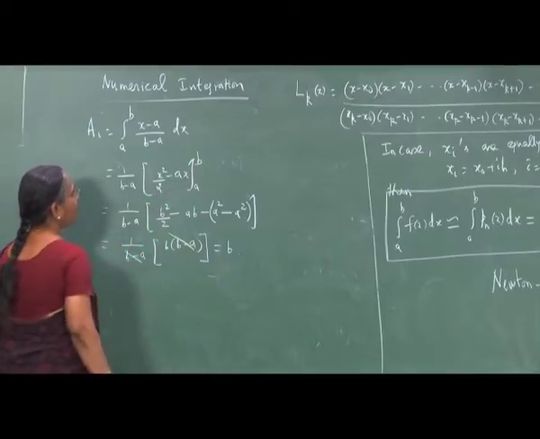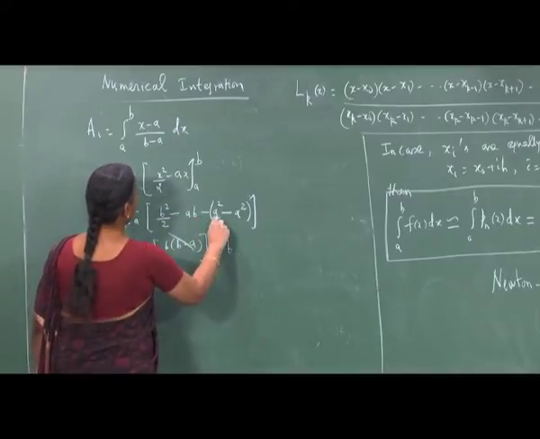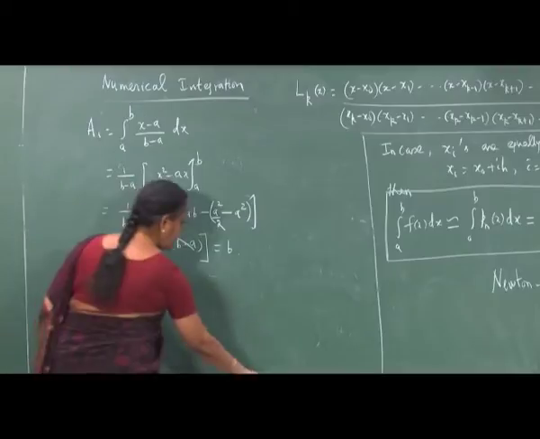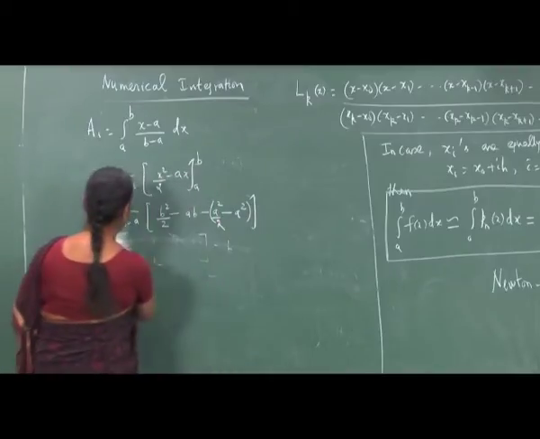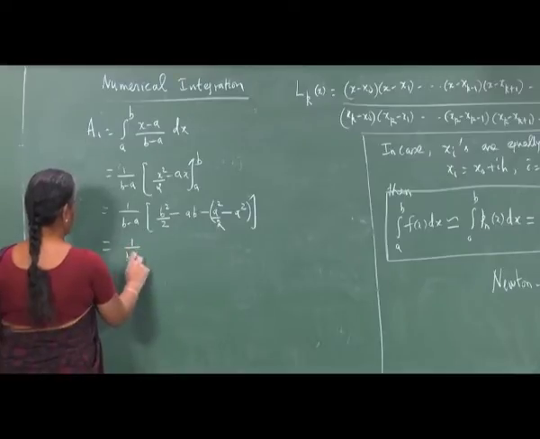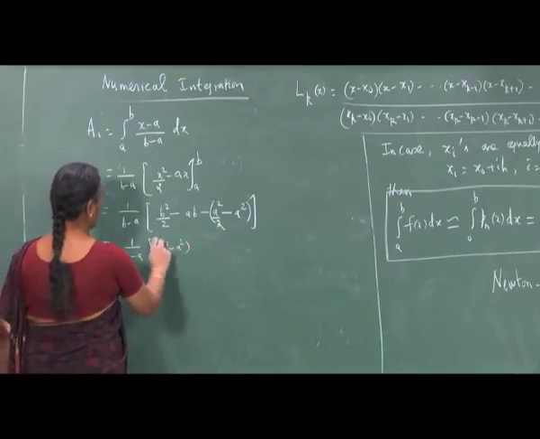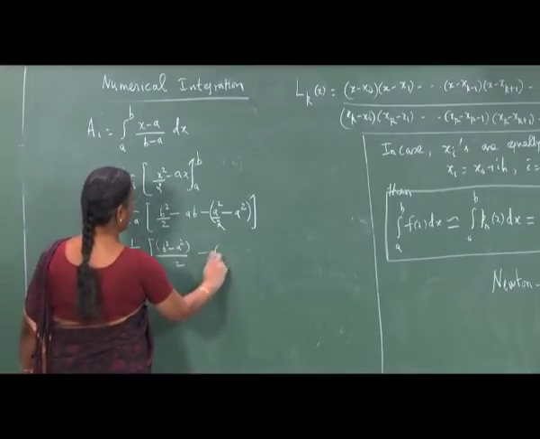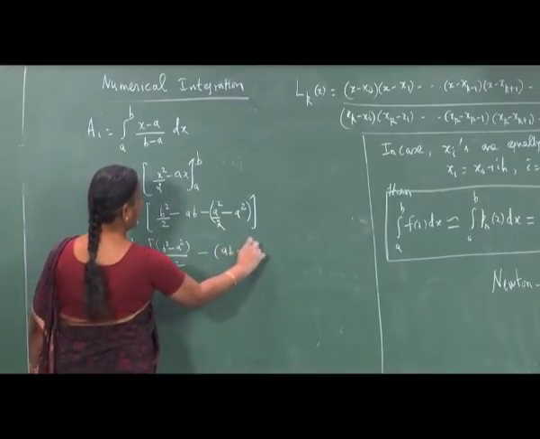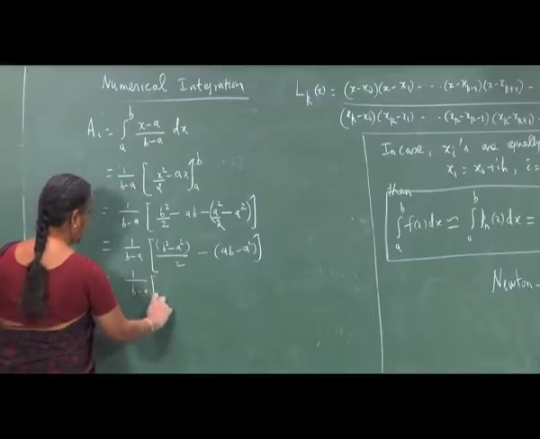So that will give you b squared by 2 minus ab minus a squared by 2 minus a squared. So this will give you 1 by (b minus a) into [(b squared minus a squared) by 2 minus ab minus a squared]. So which is 1 by (b minus a).